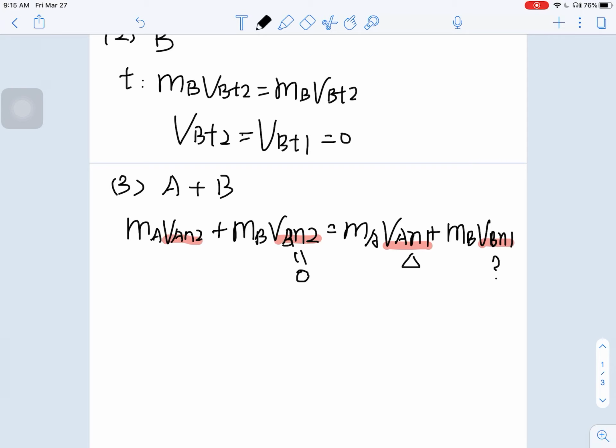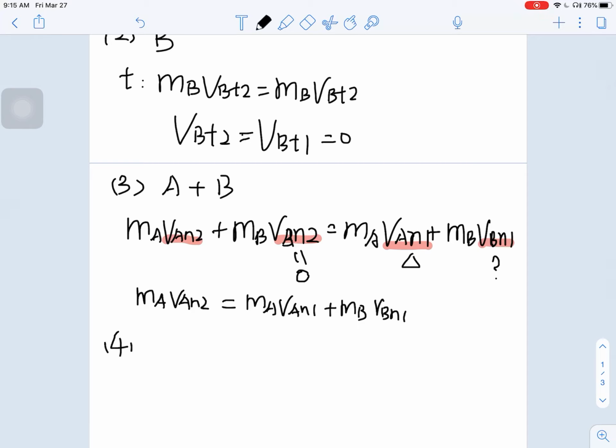We can substitute 0 for VBn2 to get rid of that term, and we end up with MA VAn2 equals MA VAn1 plus MB VBn1.